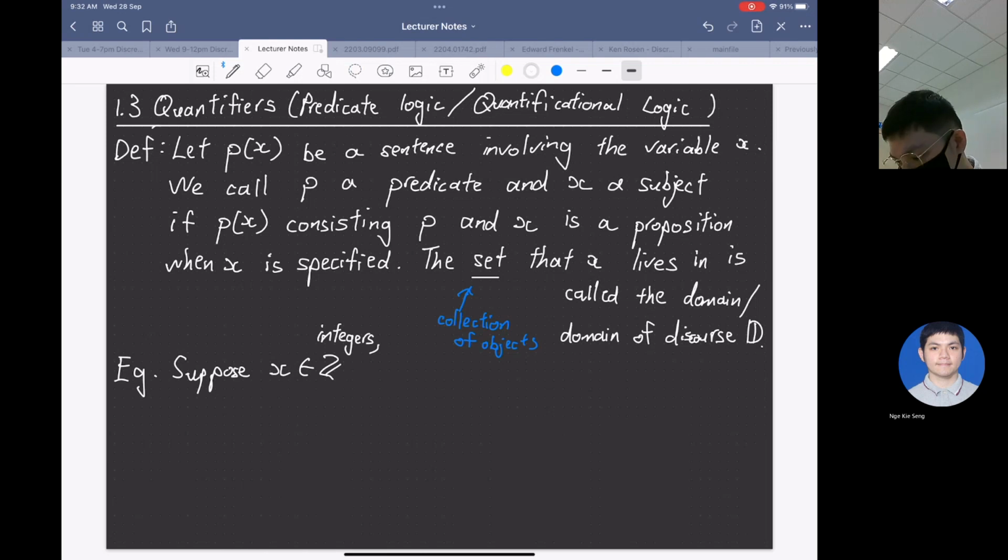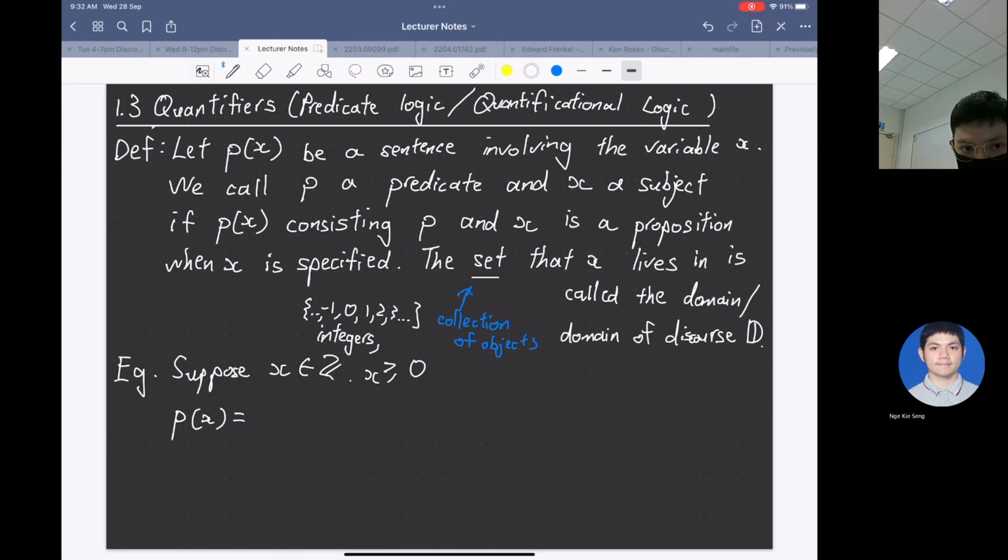Later I will explain further what an integer is. For now, you can think of it as the negative numbers plus the positive numbers. Suppose P(x) is: x is greater than or equal to 0.